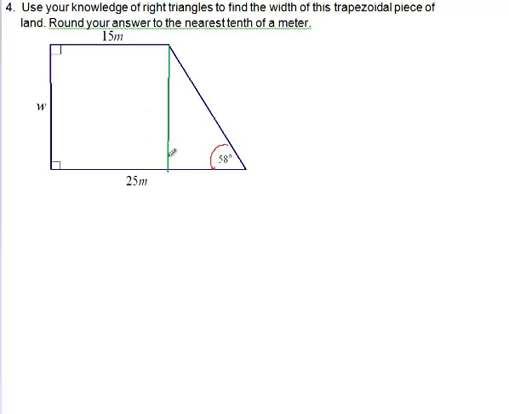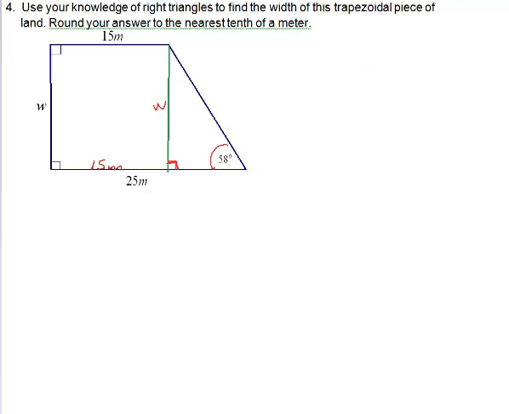Well, if this side is W, since I've made a rectangle now, opposite sides of a rectangle are equal, so this side is also W. And if this side is 15, it means this side down here is also 15. So let's put that in. This is 15 meters right here.